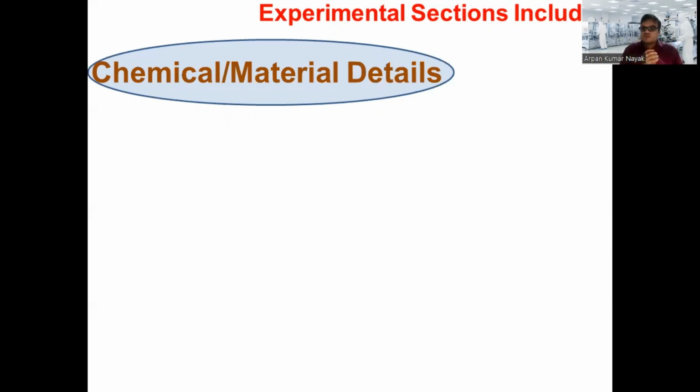So what points should we focus on and what points should be in the experimental section? The first point: if you are an experimentalist, you are doing some work by using some materials. If you want to fabricate a device, or you use some materials to prepare another material or another device, for them the first section in the experimental section should be chemical or materials detail.